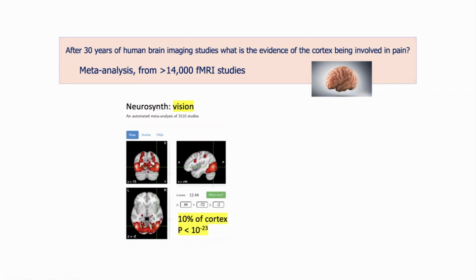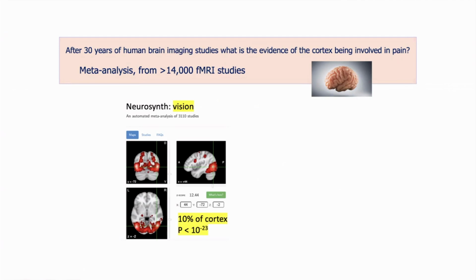That's an astronomically high number, in the sense that it's very unlikely that that region would not be activated for a visual task. So we have very high confidence that that region of the brain will always be active when we do a visual task.